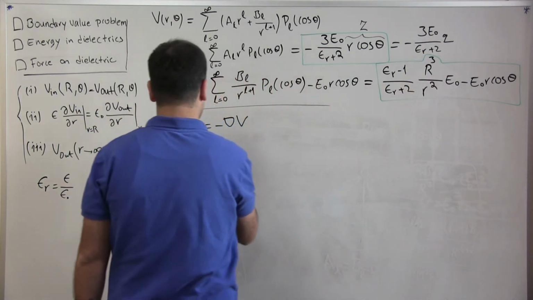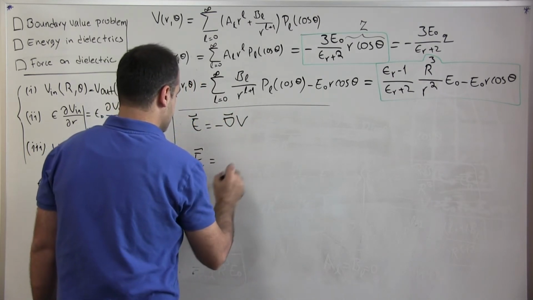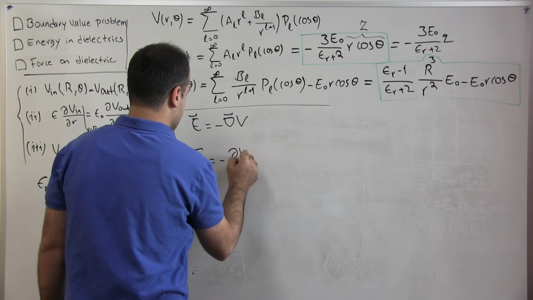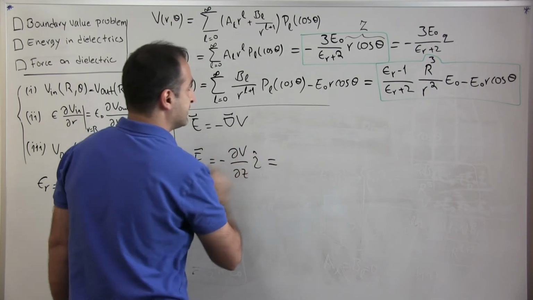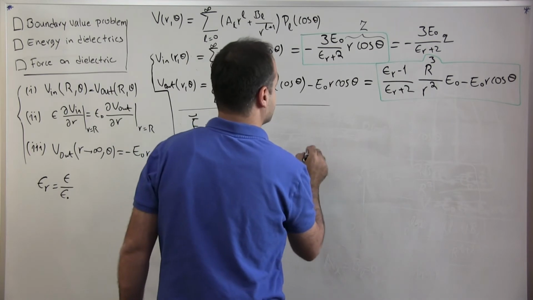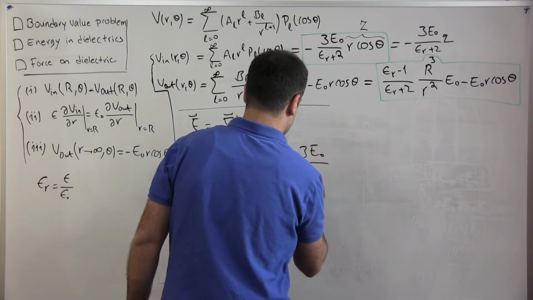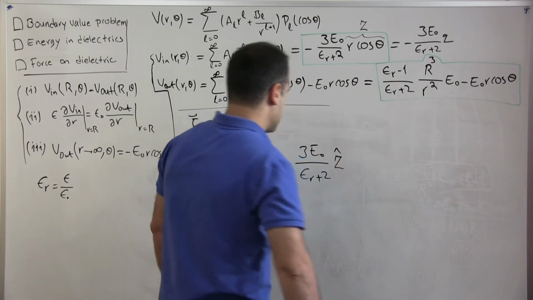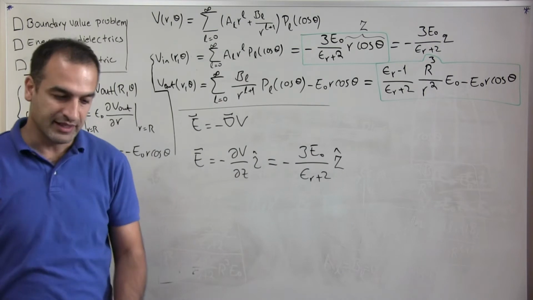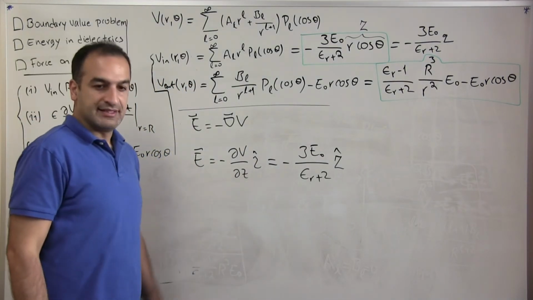So in this case, the electric field is negative dV/dz times z hat, and that is negative 3 E naught over epsilon r plus 2 times z hat. Okay, now if you look at this, we can do a quick consistency check.